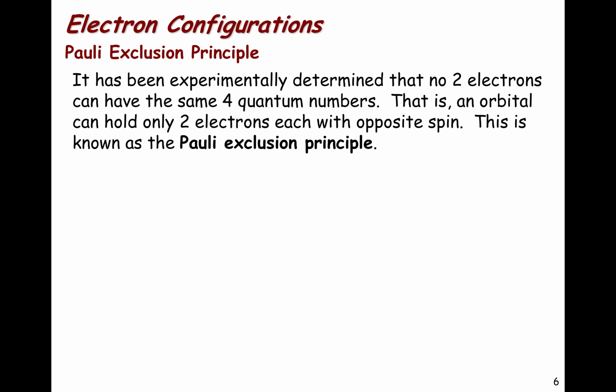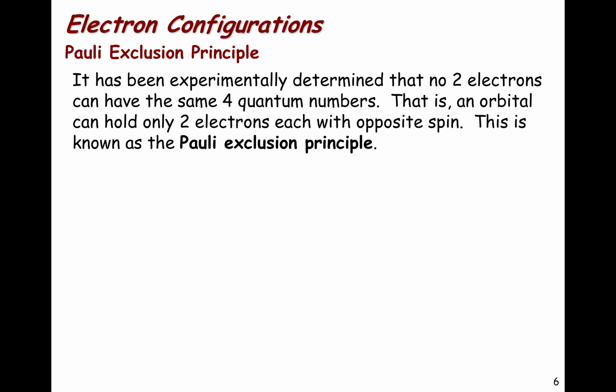So, for example, in helium, you can have both of the electrons have a principal quantum number of 1. This would be both electrons in the n=1 shell, and the next value, the letter designation, would be s, so both electrons would be in the s orbital, and the m sub l value would be 0 for both.